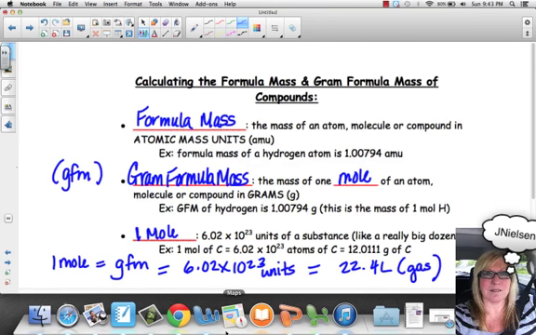So just like we say 1 foot equals 12 inches, that's an equivalent. We can say 1 mole equals the gram formula mass of a substance.